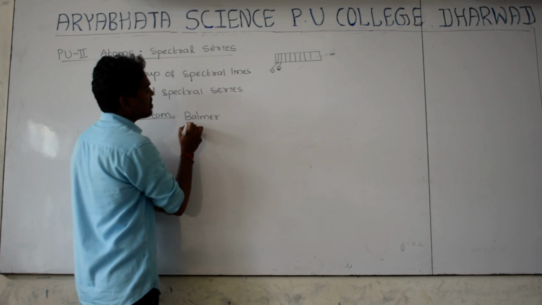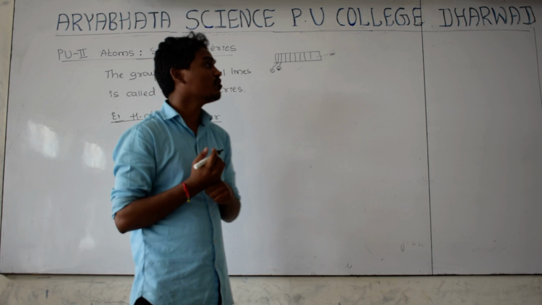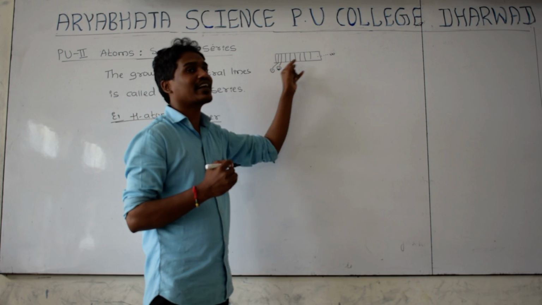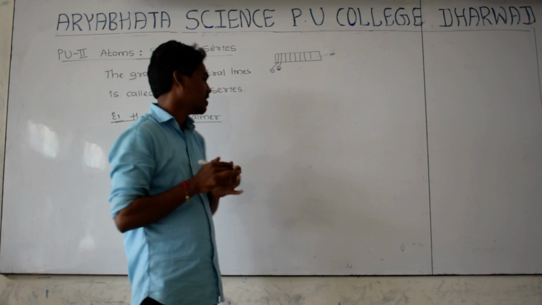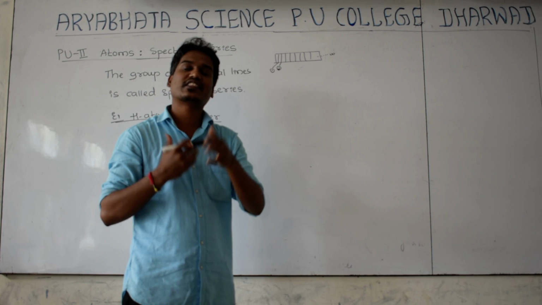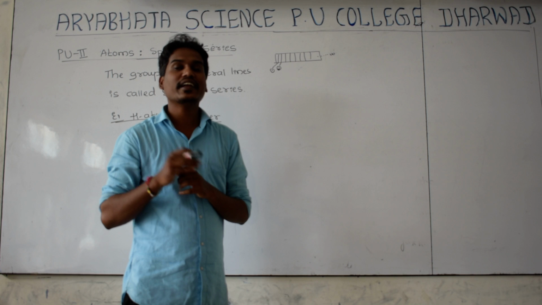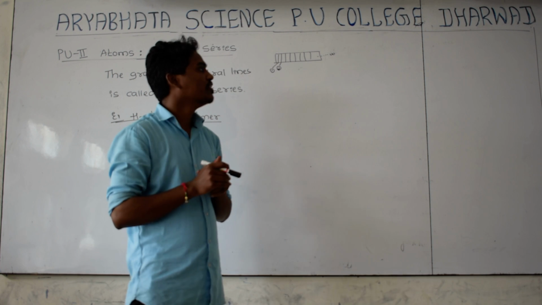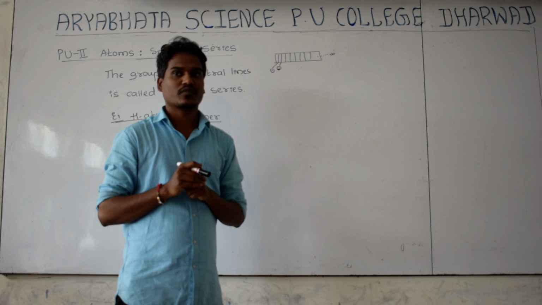His intention is to calculate the wavelength of each and every spectral line. He found one theoretical formula, and by using that formula it is possible to find the wavelength of each and every spectral line.